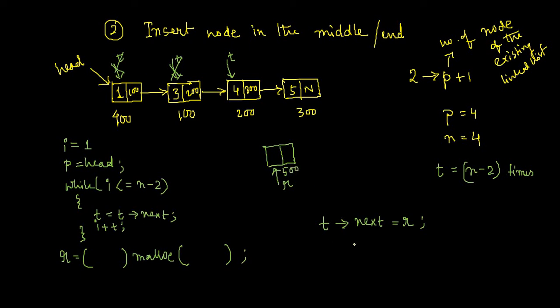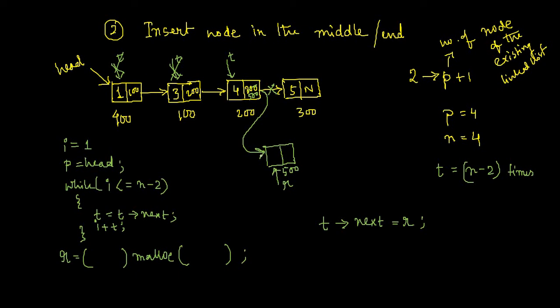That means T next will be equal to 500 because R is pointing to 500. So it will now become 500. And this connection will be lost. Rather, now it will connect to this node. Fine. This is actually what I wanted.